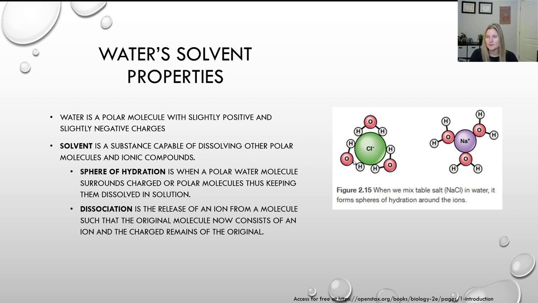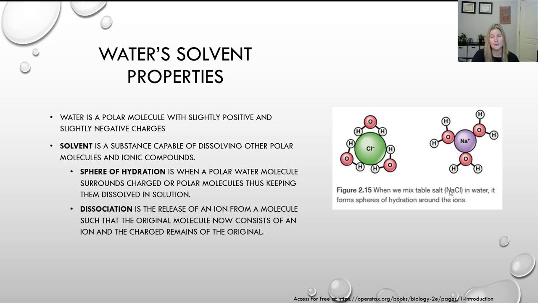So we can see here, for example, what's called a sphere of hydration, in which a polar water molecule surrounds charged or polar molecules, thus keeping them dissolved. So here we have a chlorine ion. NaCl, by the way, is table salt, and it's just that ionic bond that holds a sodium and a chlorine atom together.